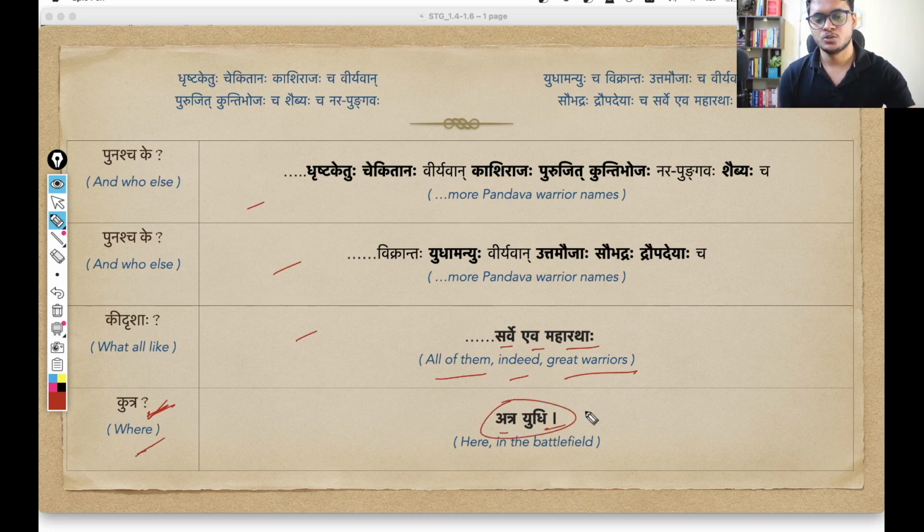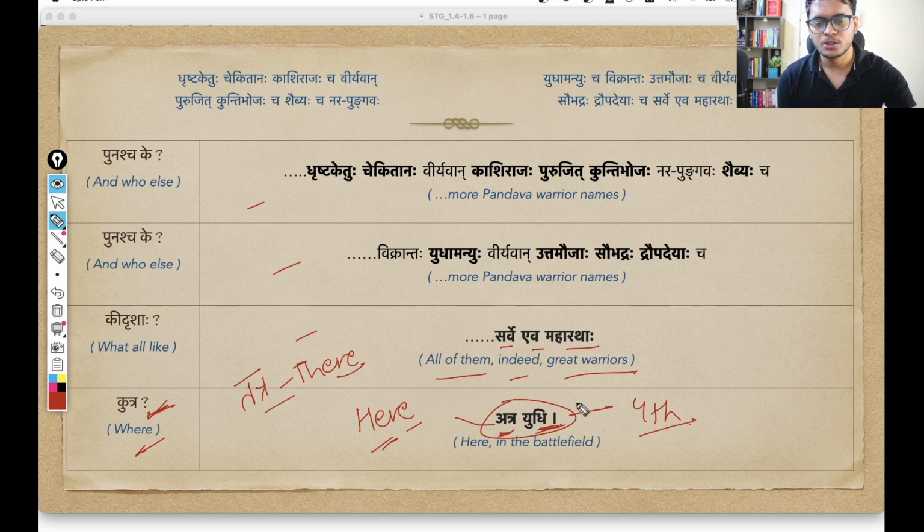This atra yudhi was present in the fourth shloka. Atra simply means here. So again, it is an indeclinable avyay. So kutra means where, atra means here. And similarly, you also have tatra. This means there. These all are avyay, indeclinable.